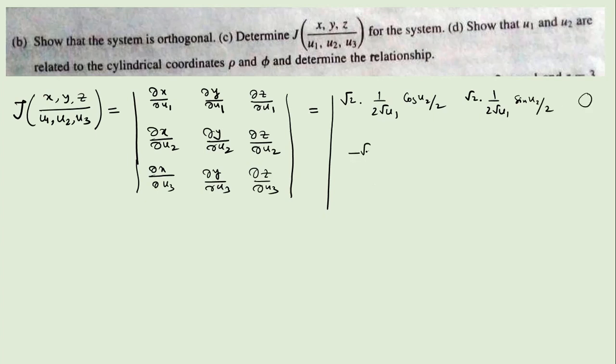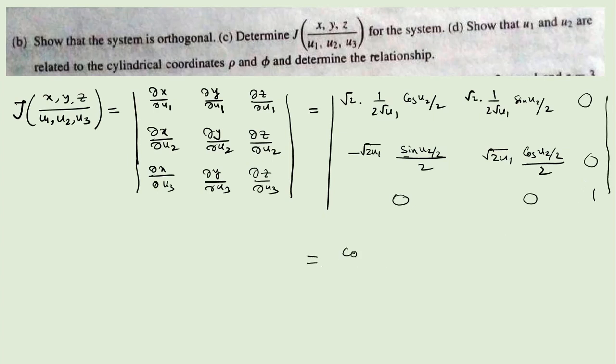Similarly, minus root 2 u1 sin u2 by 2 by 2, and root 2 u1 cos u2 by 2 by 2. Then 0, 0, 0, 1. Just do these partial derivatives and you will get the value. This is cos square u2 by 2 plus sin square u2 by 2, all by 2. This is nothing but half, I think clear.